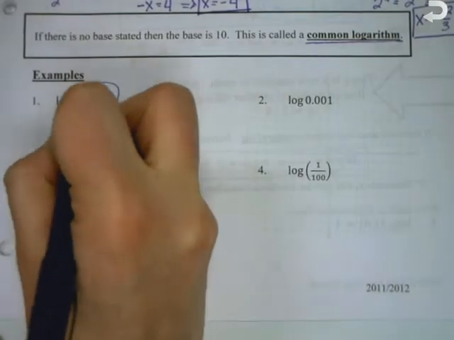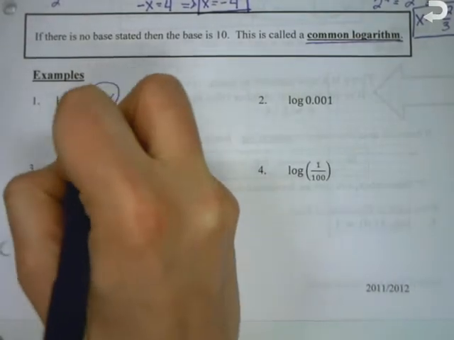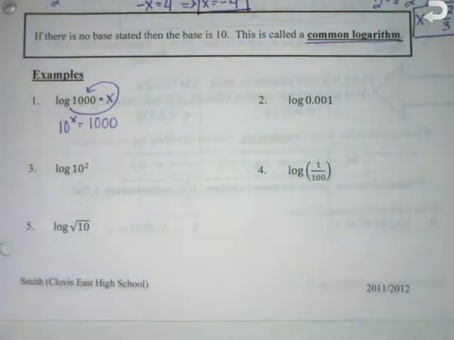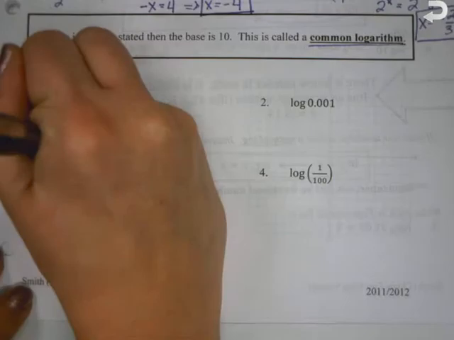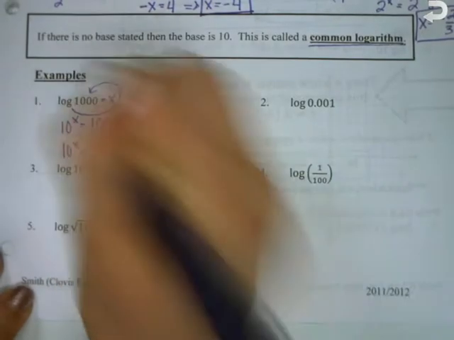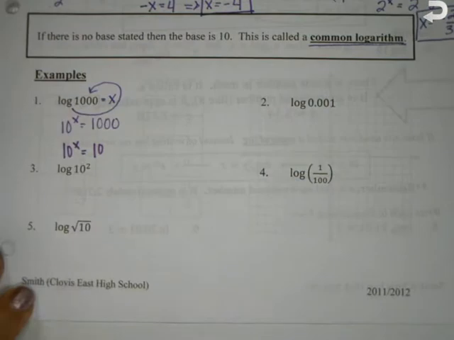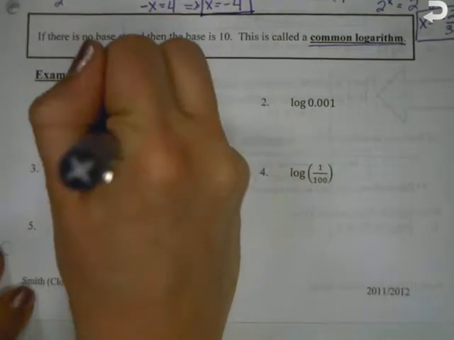So I need to get a common base. My common base is going to be 10. So this is 10 to the x equals 10 to the... How many zeros are there? 3. So 10 to the 3rd. So I can drop those bases and I get x equals 3.